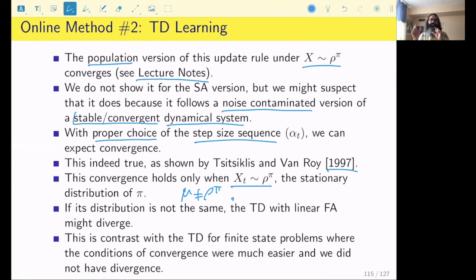This mismatch between the policy you're evaluating and the policy you're following, called the behavior policy, may lead to divergence of Q learning. There are counterexamples showing that Q learning diverges, so this doesn't work, and there is a lot of work trying to change the Q learning update to get something like Q learning, but a non-divergent version of it, with function approximation.